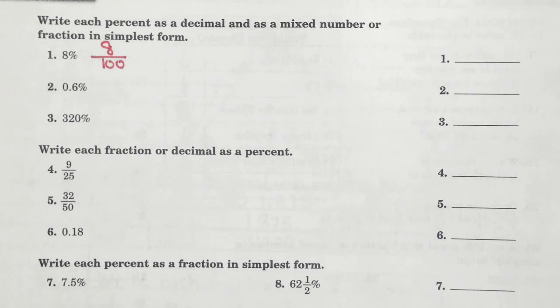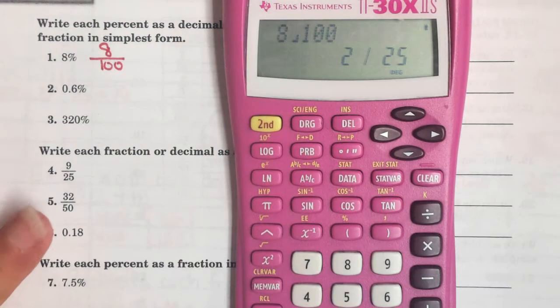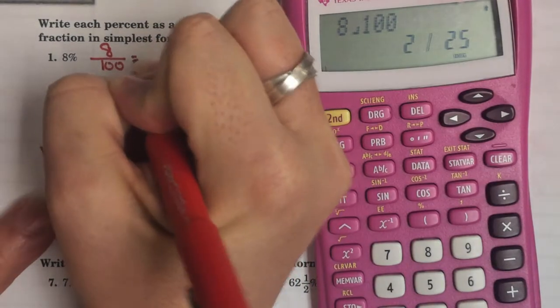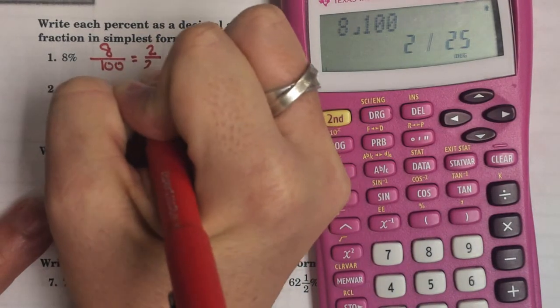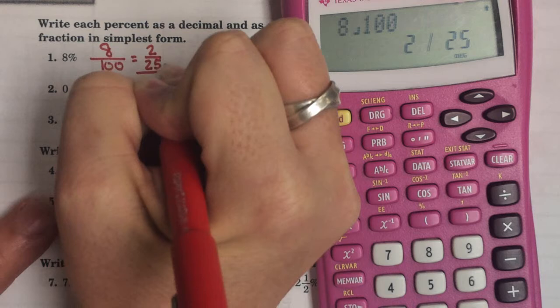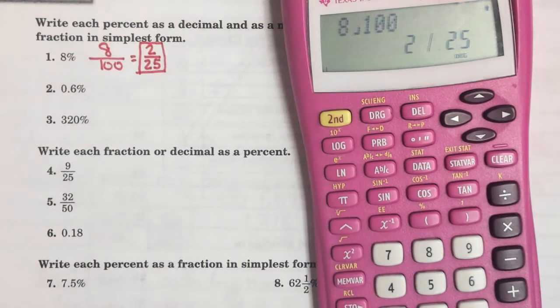So what I'm going to do is take my calculator and make it simplest form using the ABC button. 8 ABC 100 equals, and I get 2/25. That is the fraction. Bam, done. The only other thing I need is a decimal.